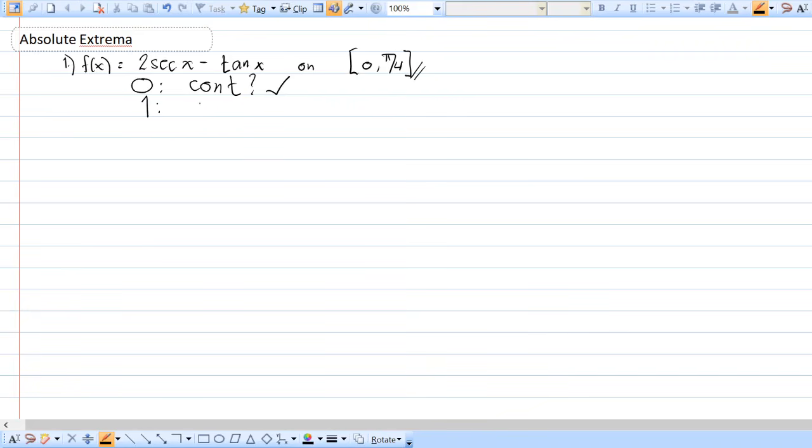Step 1, find the critical numbers. So to find the critical numbers, we need to get the derivative of f. So, sana naalala pa natin kung paano kumuha ng derivative. So, we have 2 secant x tangent x minus secant squared x.